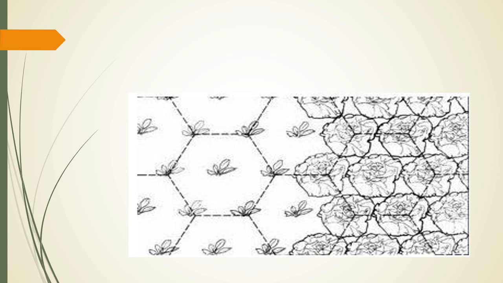Here the distances between these are similar, making it an equilateral triangle. And the distance between the middle plant and the other plant as well as this is similar, making it a complete equilateral triangle. This is also similar. This is also similar.